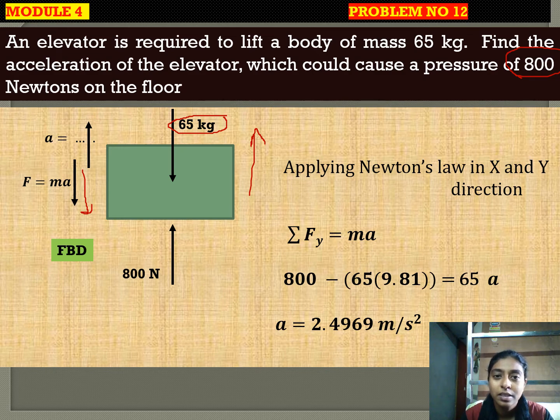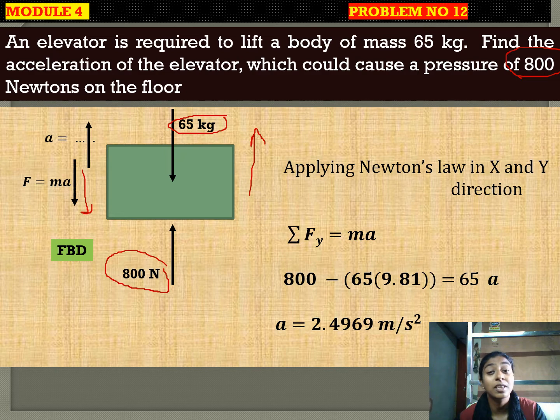Now, an elevator is required to lift the body of mass 65. Find the acceleration of the elevator which could cause a pressure of 800 newtons on the floor. So pressure on the floor is 800 Newton, and it will be in the upward direction. Now there is no inclined surface, no horizontal surface, no vertical surface, so there is no need of frictional force.